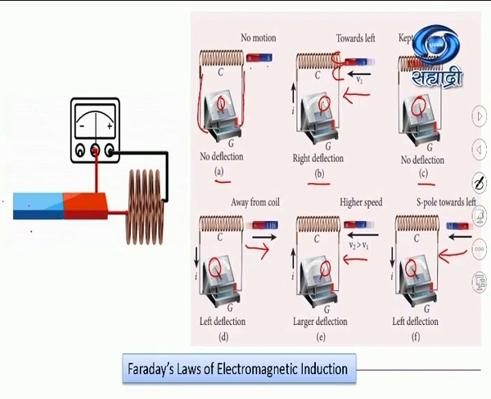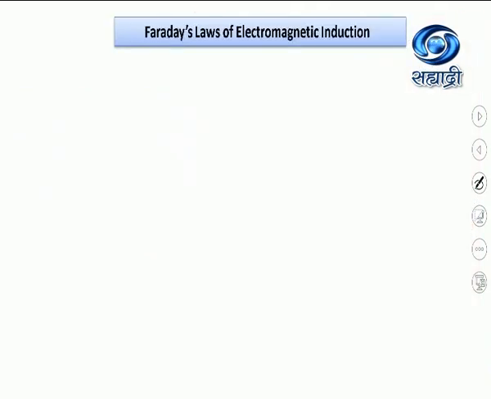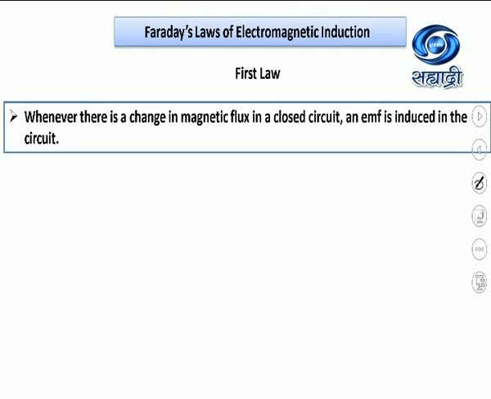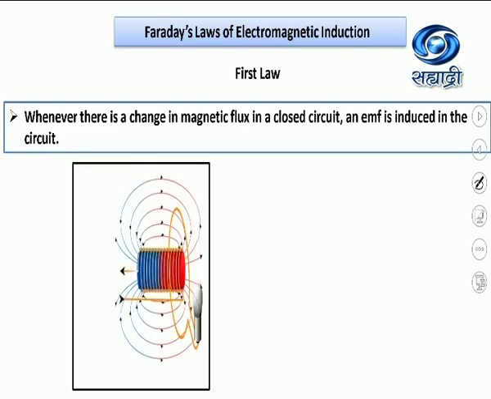And the greater the speed of the magnet, the more is the deflection produced. And this has already been explained in Faraday's laws of electromagnetic induction. Faraday's first law states that whenever there is a change in magnetic flux in a closed circuit, an EMF is induced in the circuit.